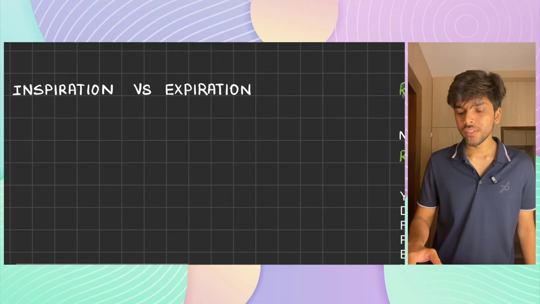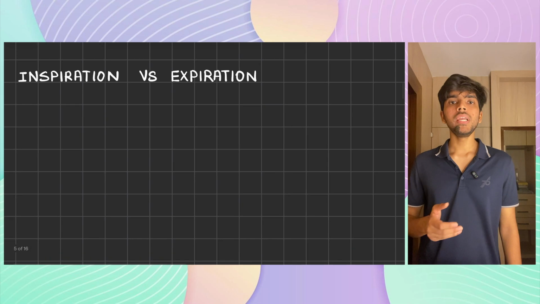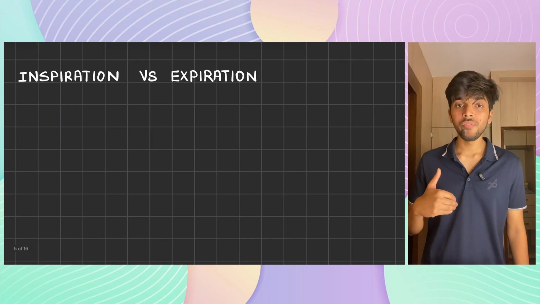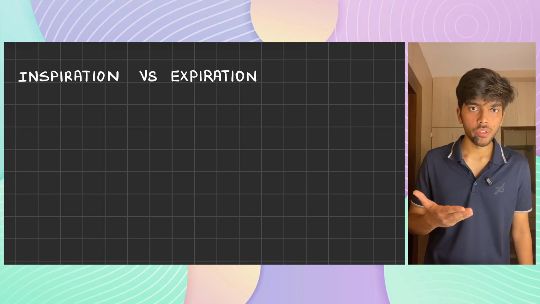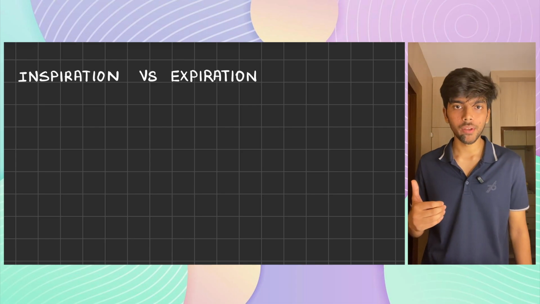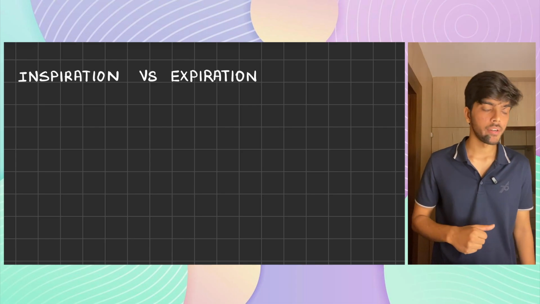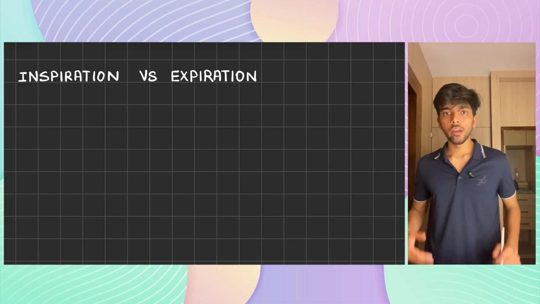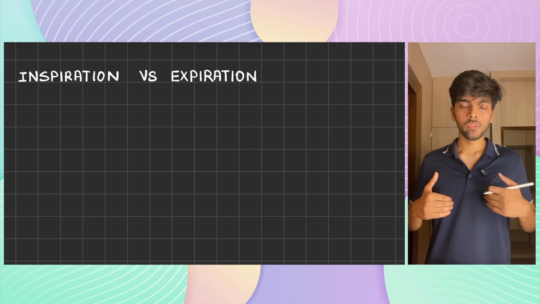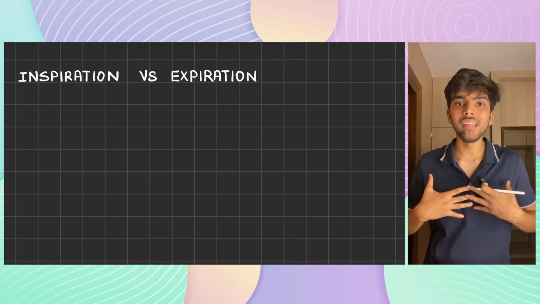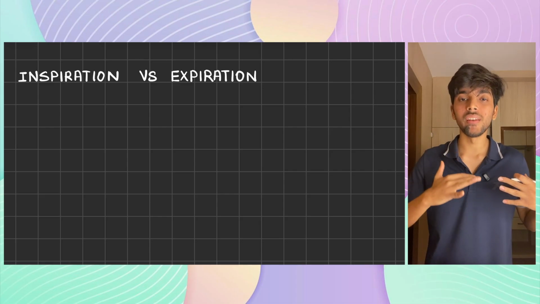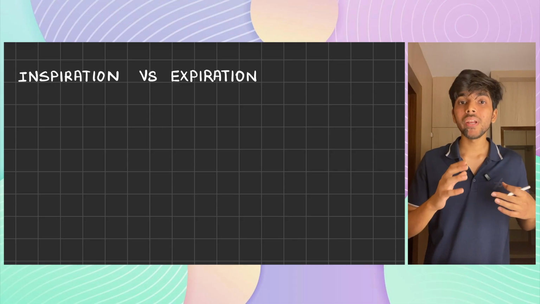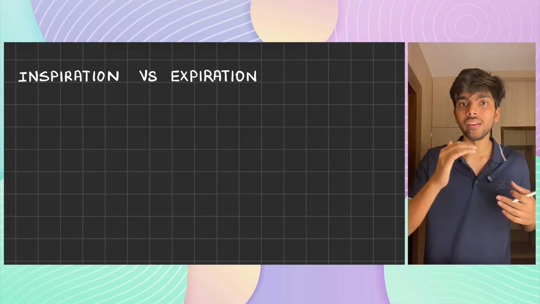So earlier I mentioned that during inspiration you have physiological tachycardia, and during expiration you have physiological bradycardia. What's the physiology behind it? See, during inspiration the intrathoracic volume increases and the intrathoracic pressure decreases. That is, the pressure inside the right atrium decreases.